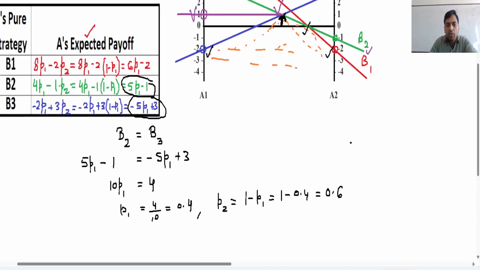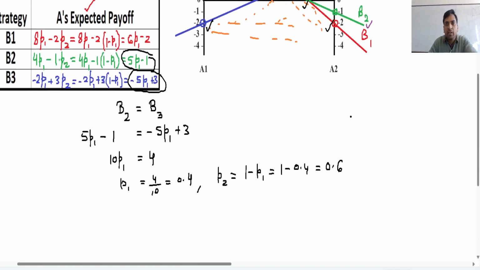And now we need to identify the exact value of game. So to find the exact value of game, we will put the value of P1 either in this 5P1 minus 1 or in this minus 5P1 plus 3, and you will get the same value of game. So we are trying to put it in B2.